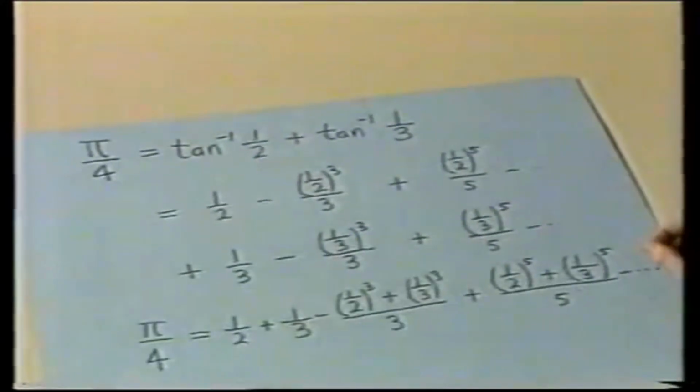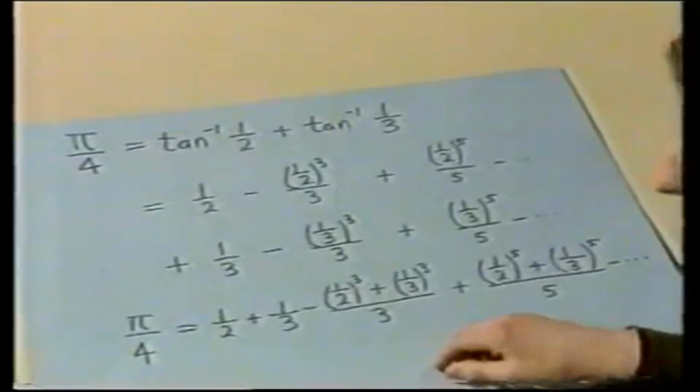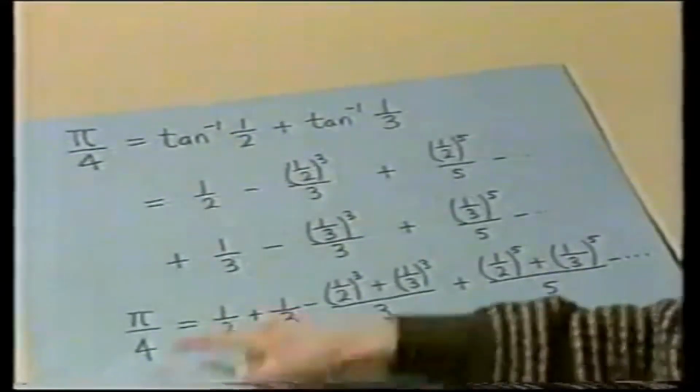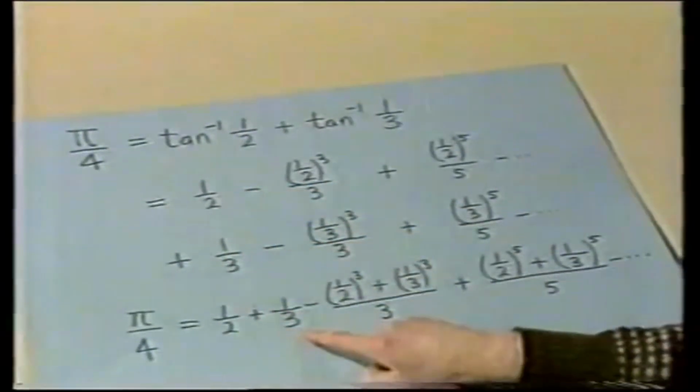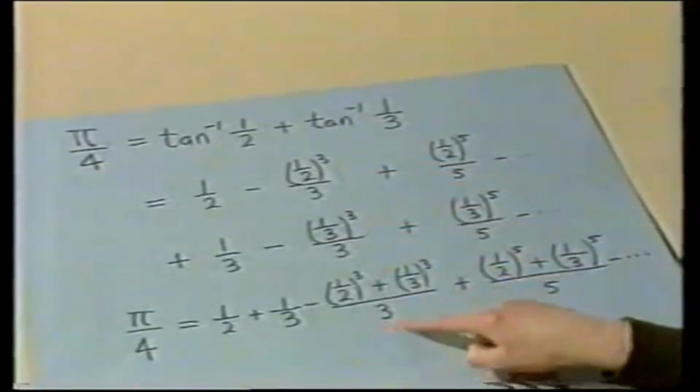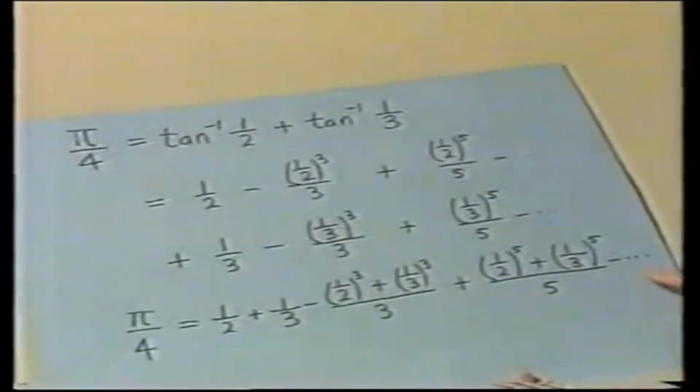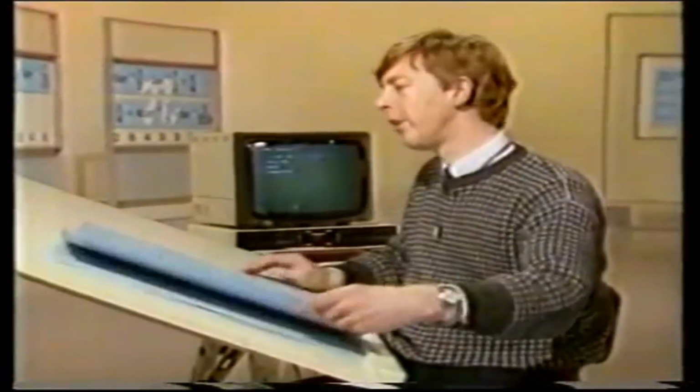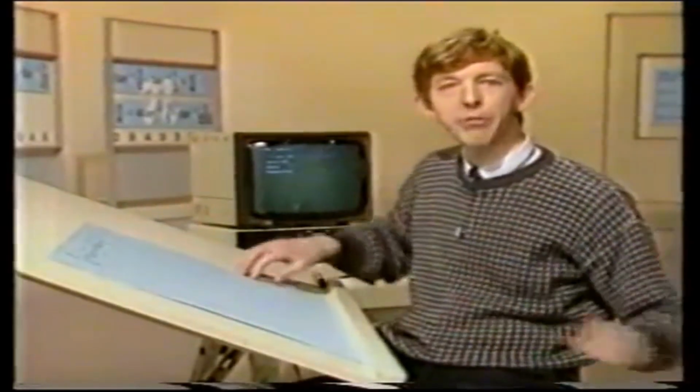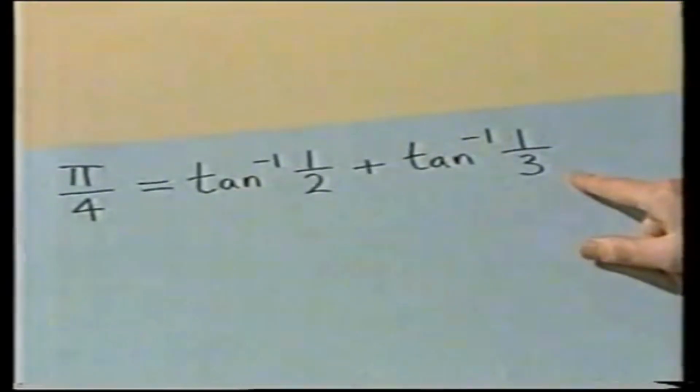Now, we can add the terms of these 2 series to get a single series for pi by 4. A half plus a third, then these 2 terms give this, and so on. We can do that by the sum rule for convergent series. So that's how this formula gives a series for pi by 4.